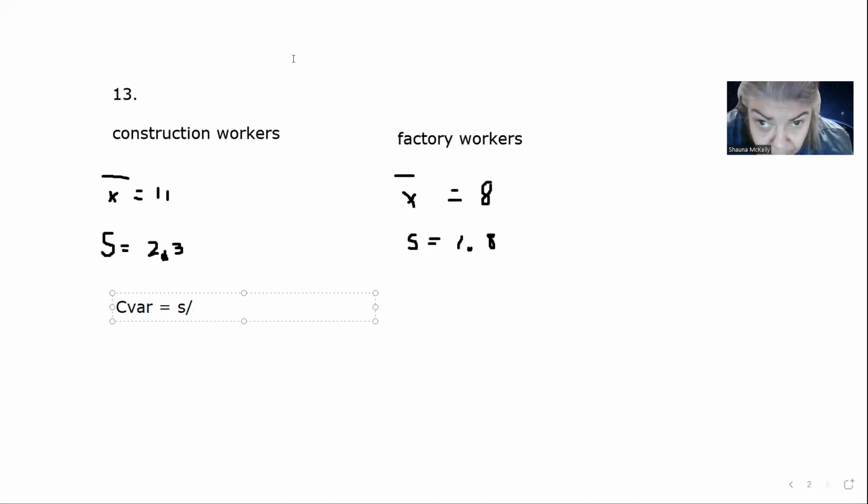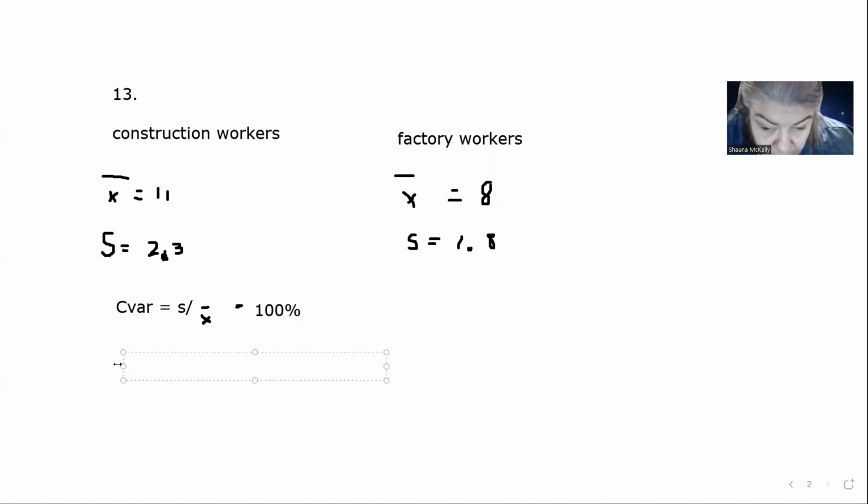I need to write it in because Zoom doesn't let me use the notation very easily. So that's our formula.